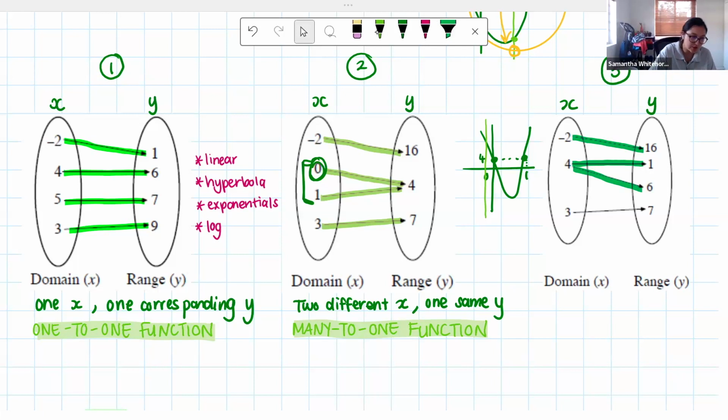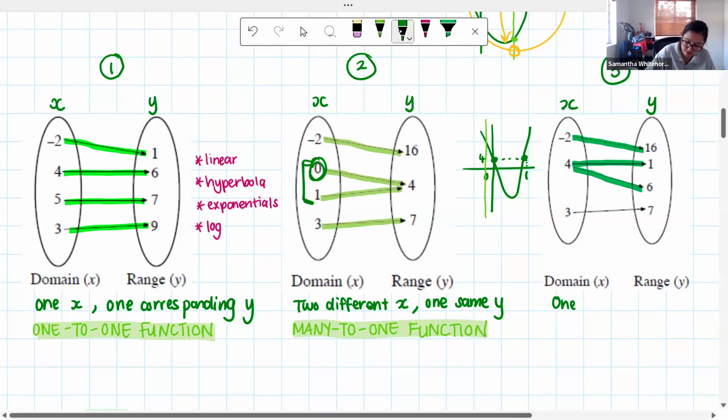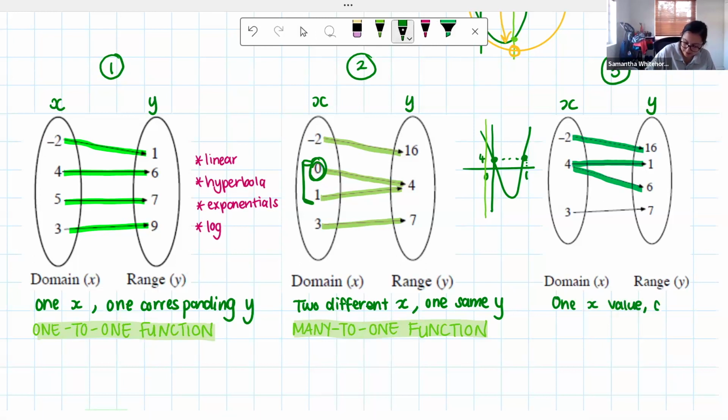So when it gets to these situations where we've got one x value, different y values, what we have then is not a function.